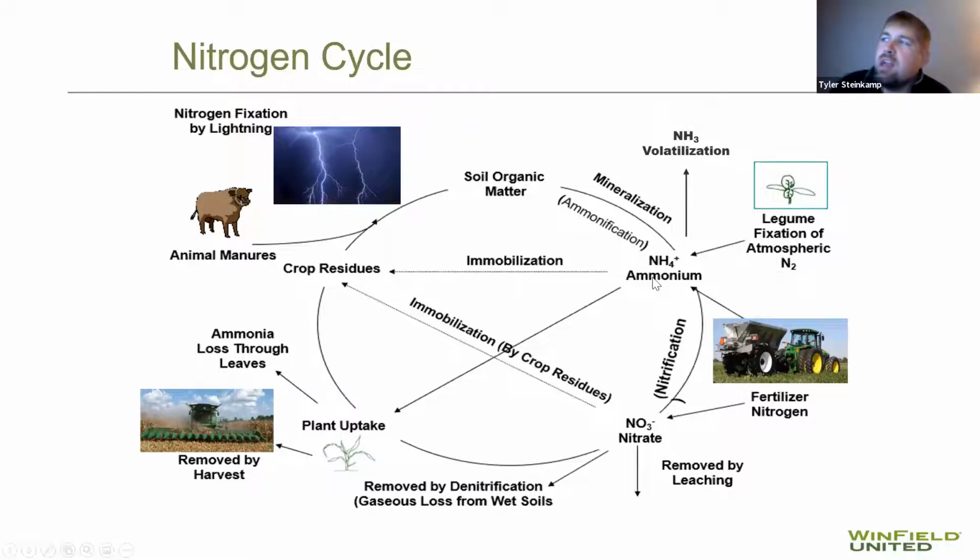And oftentimes, the reason we don't see as much nitrogen taken up in the ammonium form is because the bacteria are a lot more plentiful than our roots. So what we end up with is ammonium being converted to nitrate and the plant taking it up that way.